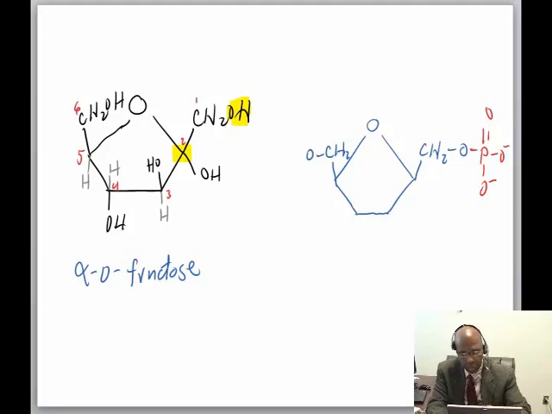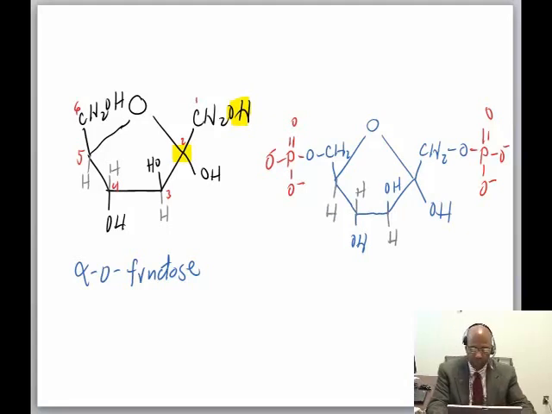We're going to put another phosphate over here. And we can complete our ring. So this is down. This is up. And we'll put our hydrogens. Well, we need to put this OH to make it alpha, and finish off with our hydrogens, H. And so we've doubly phosphorylated fructose here, and so this fructose has 2 phosphates on it.